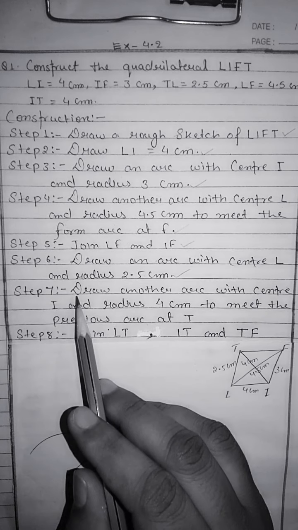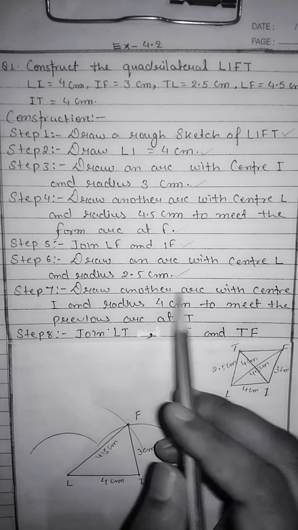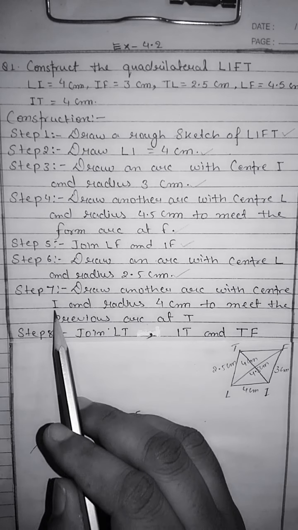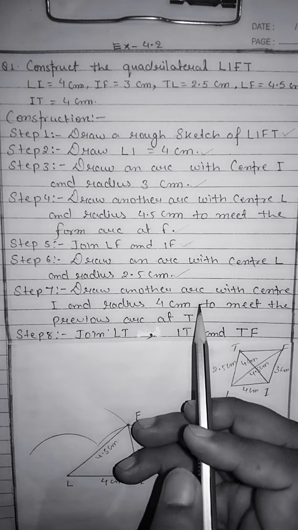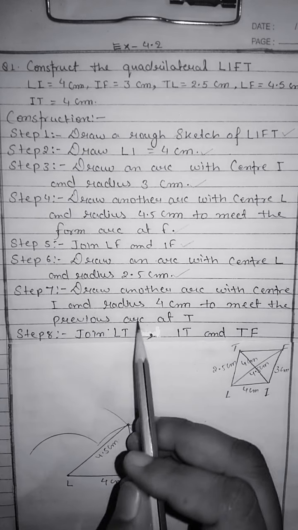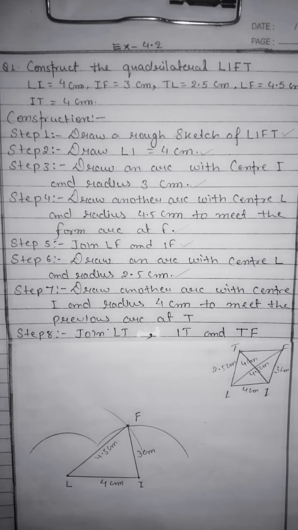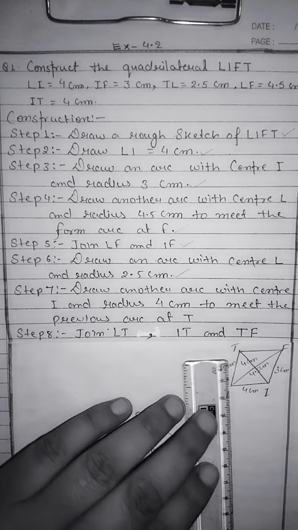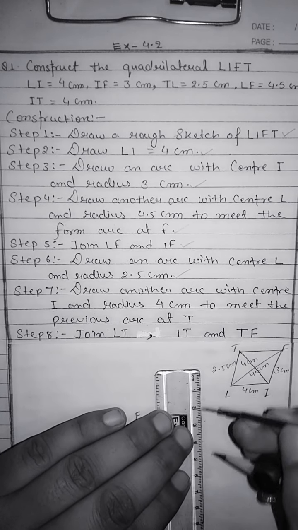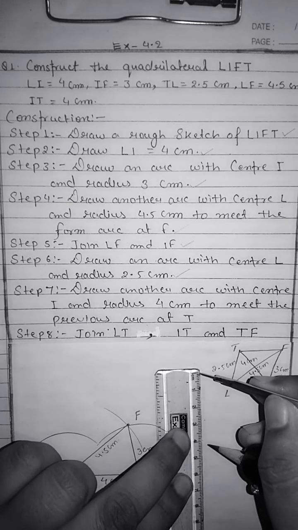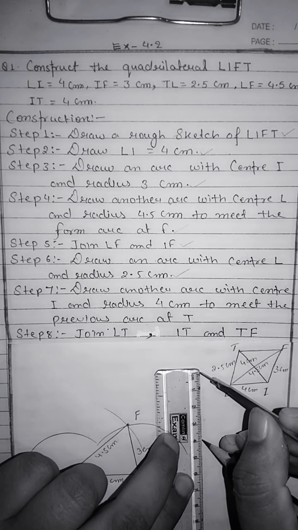Now step number 7. Draw another arc with center I and radius 4 centimeter to meet the previous arc at T. Now again take 4 centimeter from the ruler.